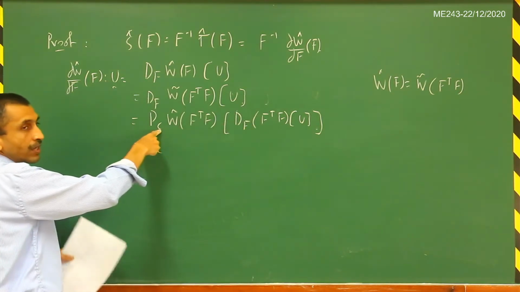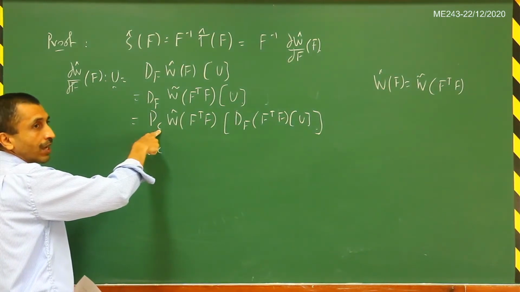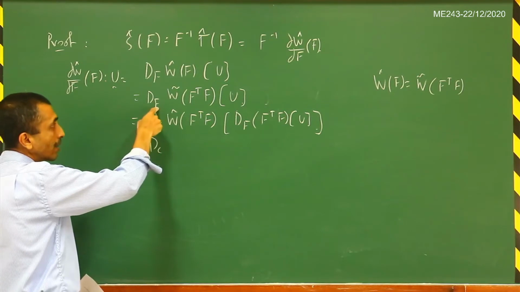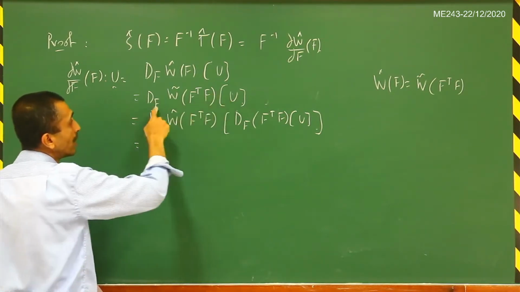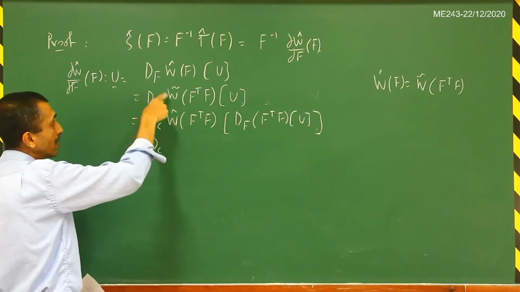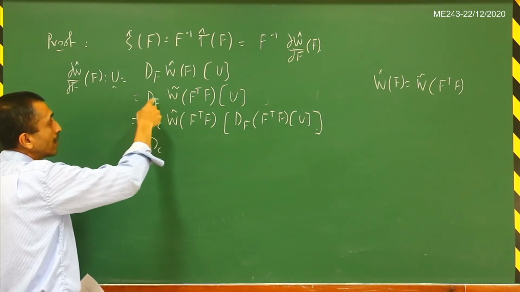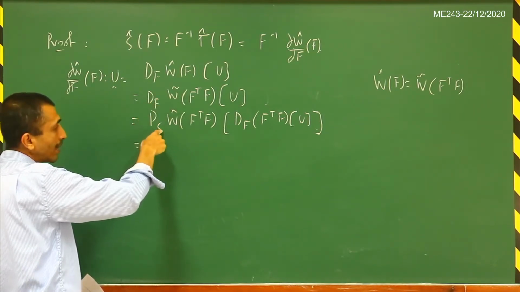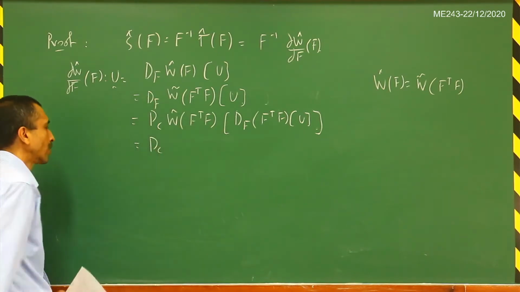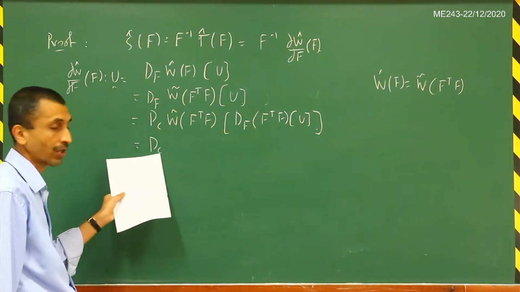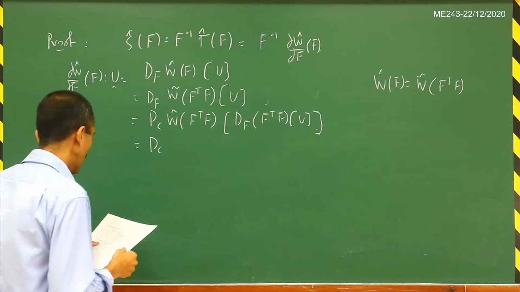This subscript is just to show that the perturbation is on C in this case, and here the perturbation is on F. So this U is a perturbation on this F. This directional derivative is with respect to F, whereas here it is with respect to C. Just to clarify that, I am putting this subscript for the directional derivative here.